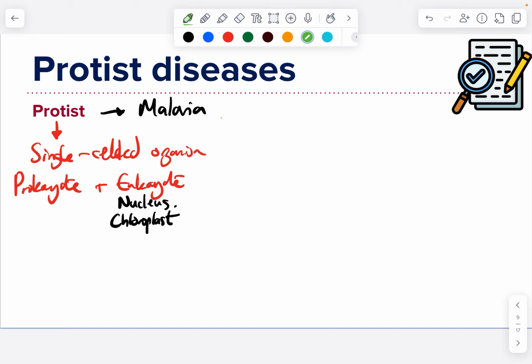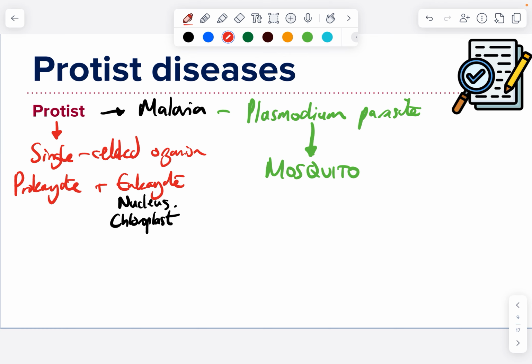Malaria in particular is spread by a Plasmodium protist, which is a type of parasite. But it's not the mosquito that is the parasite. The Plasmodium actually infects a mosquito. The mosquito will then bite a human, and inject the Plasmodium parasite into them.